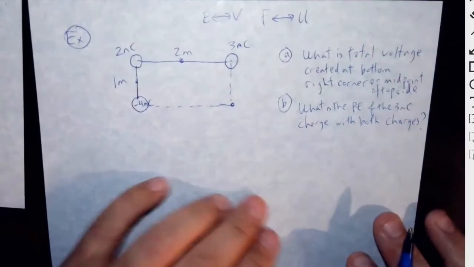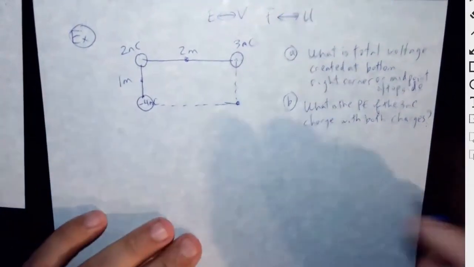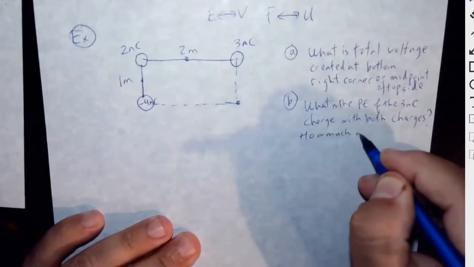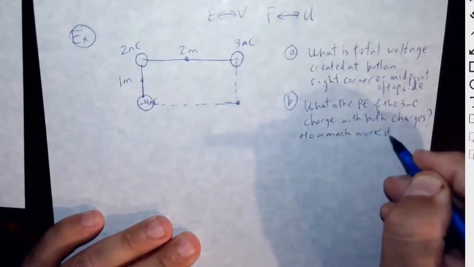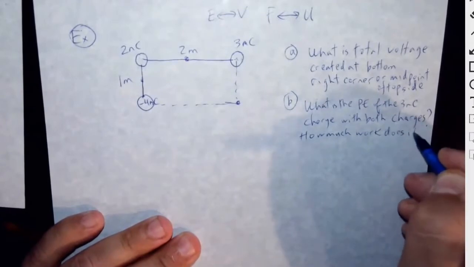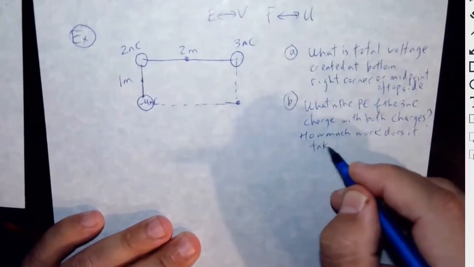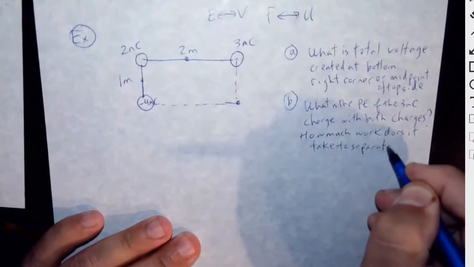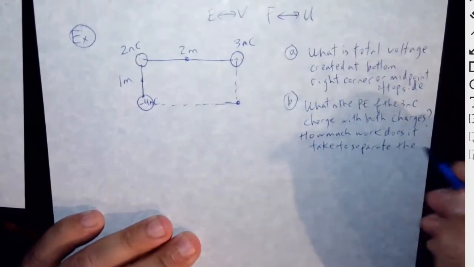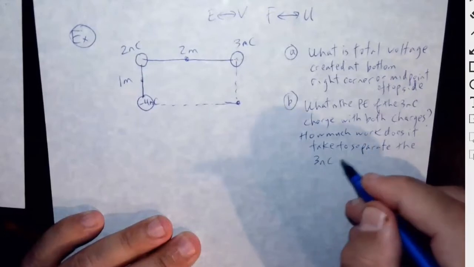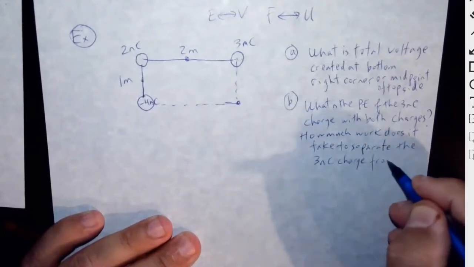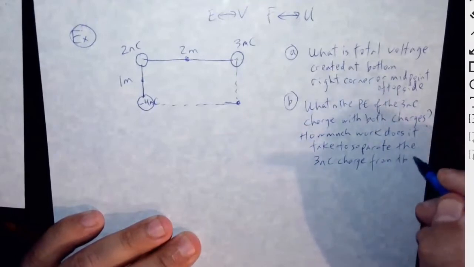But we could word that question a different way. We could say, how much work does it take to separate the 3 nanocoulomb charge from the other 2 charges?